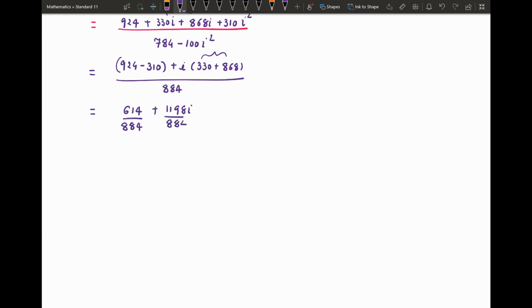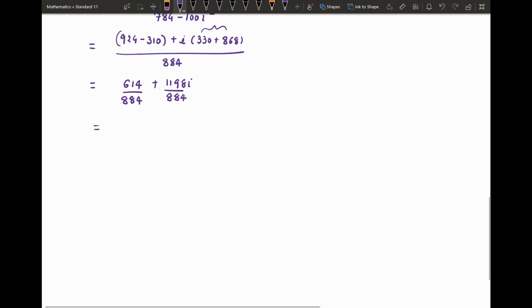so you can check it is in standard form a plus ib, and here further simplification is possible. We can divide by 2, so this is 307 upon 442. We take 2 common from numerator and denominator.